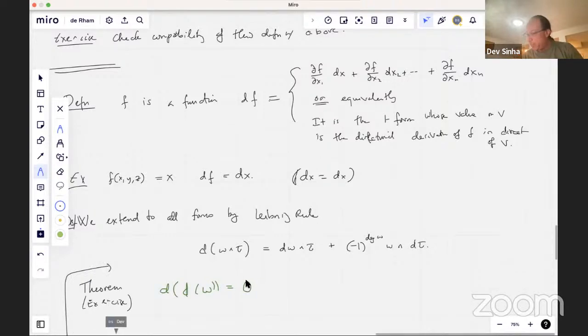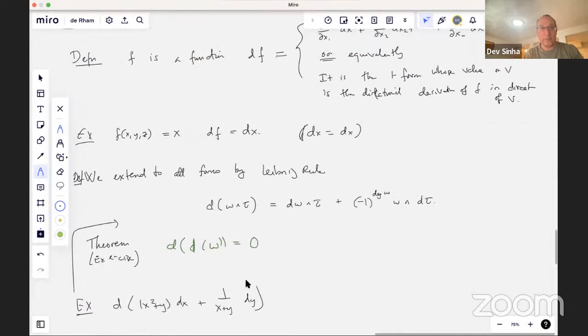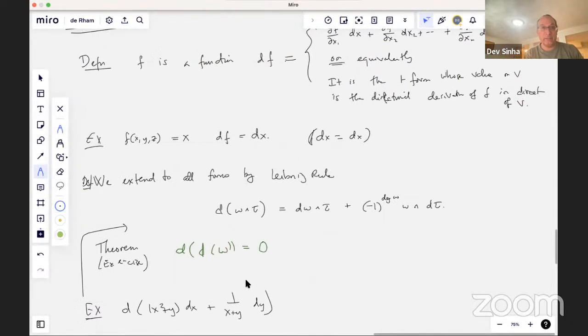Let's just give little examples first, not of the theorem, but let's just take d of something simple like (x squared plus y) dx plus (1 over x plus y) dy. And let's see how these two pieces of the definition, definition part 1 and definition part 2, play together.